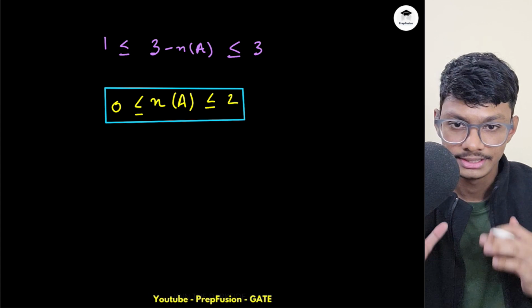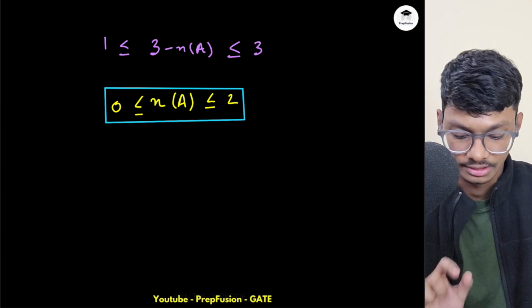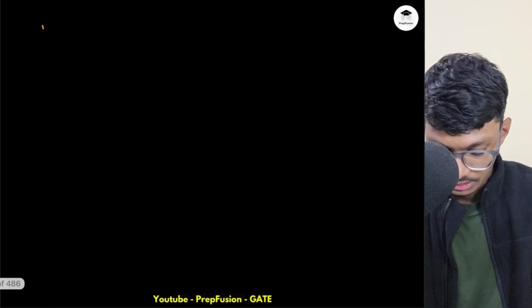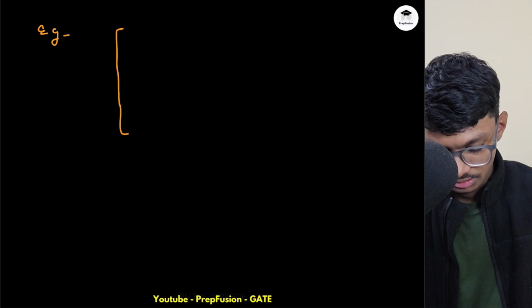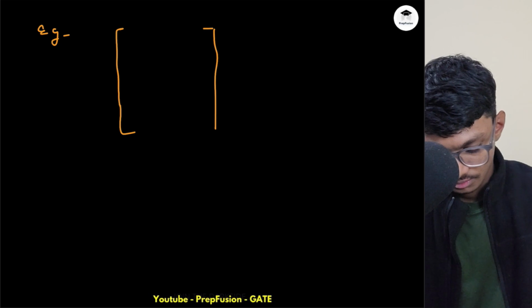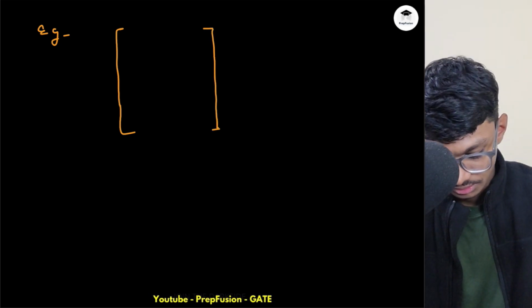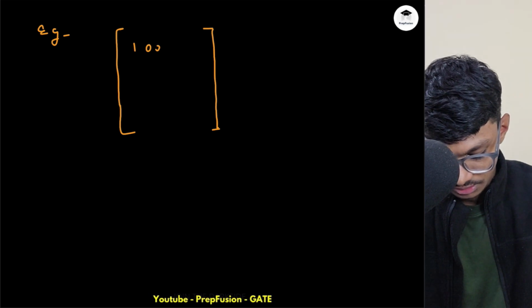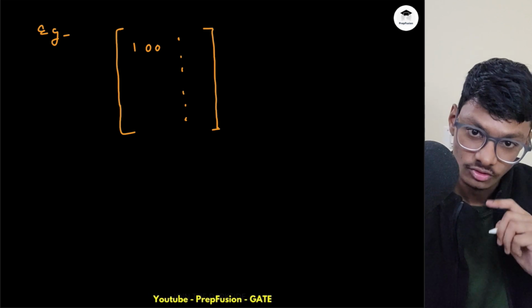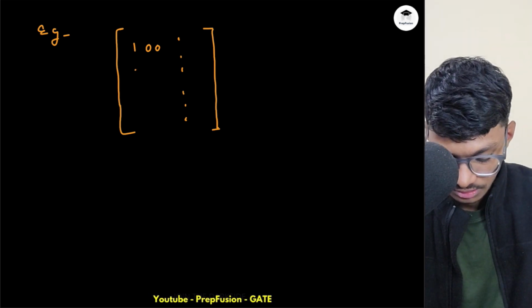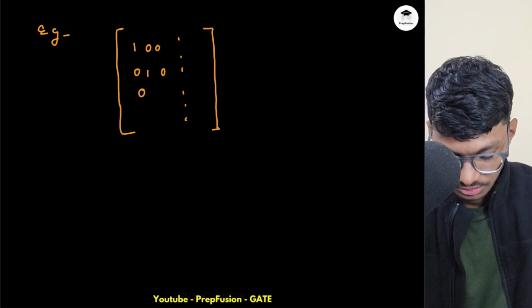Let me take an example, and from there we will understand this better. Nullity example. Let me take a 6 cross 3 matrix. This is 1 0 0, which obviously has valid solutions, 0 0 1.